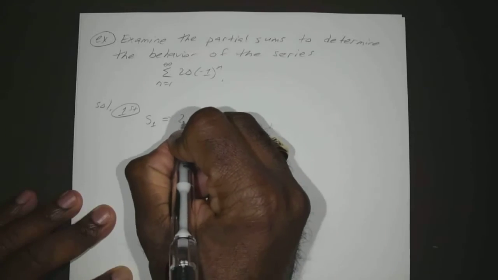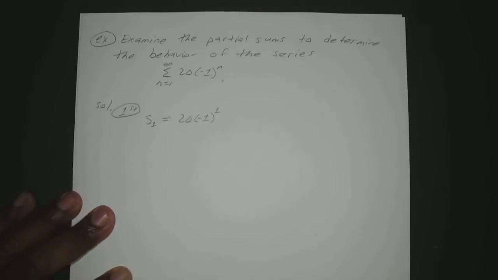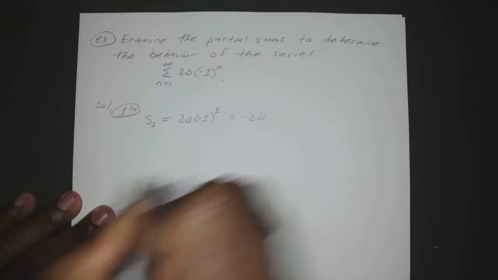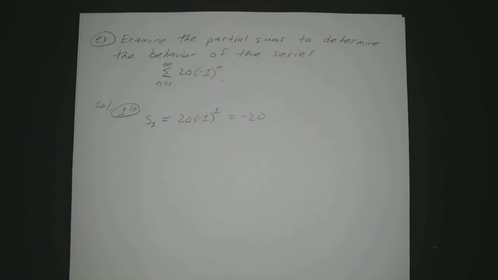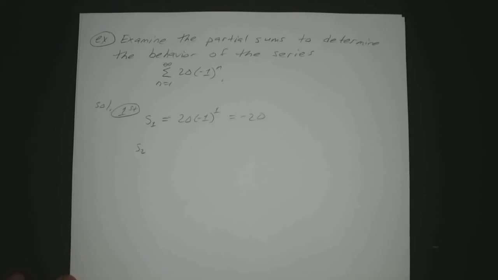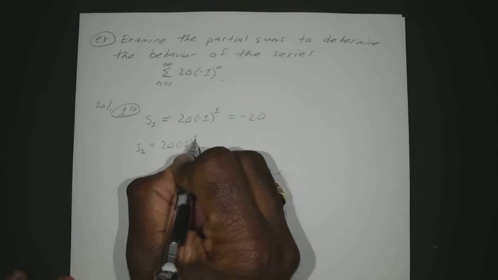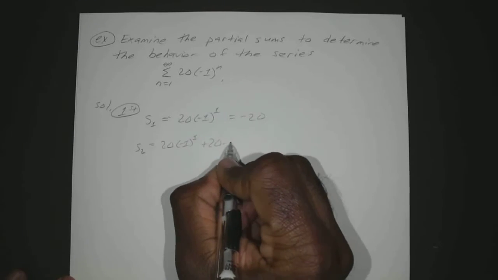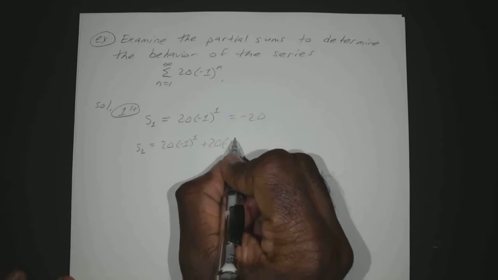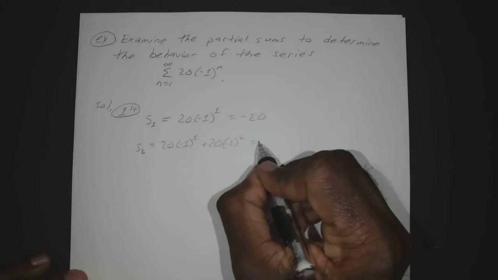That would just be 20 times negative 1 to the first power, which is negative 20. Your second partial sum is just 20 times negative 1 to the first power plus 20 times negative 1 squared, which gives you negative 20 plus positive 20, which is 0.